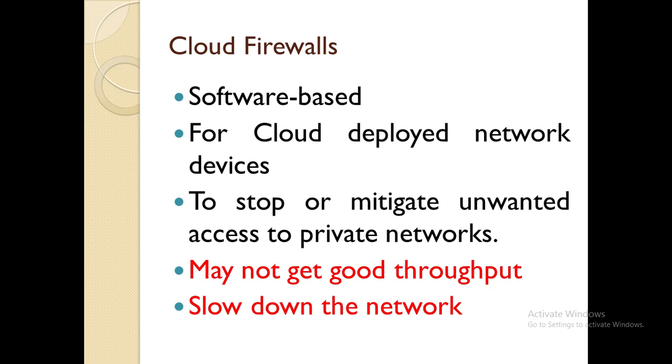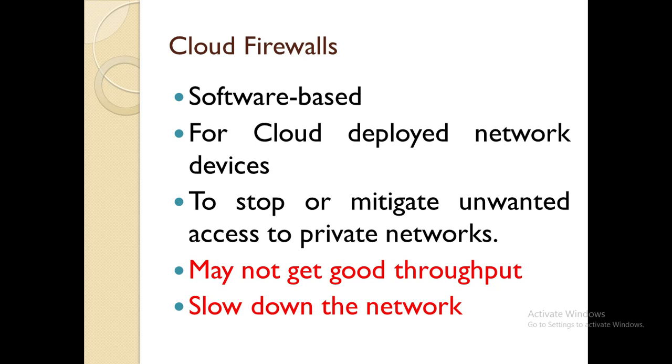Next is the cloud firewall, which relates to cloud security. We can find the term firewall as a service also for the services it provides. Whatever data is exchanged between the user and the cloud can be secured by this cloud firewall.